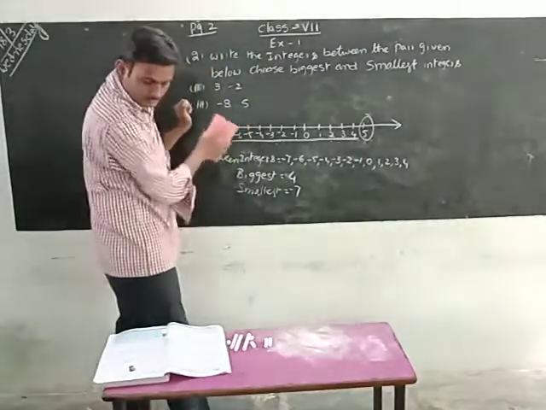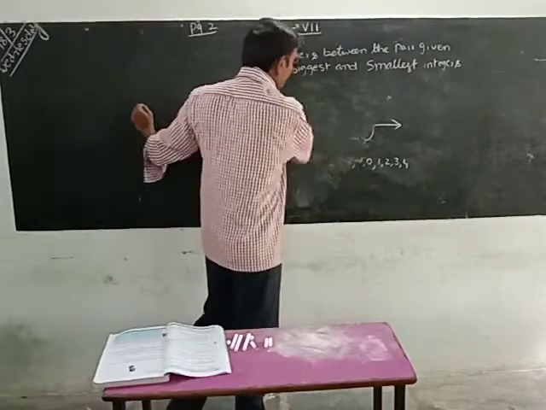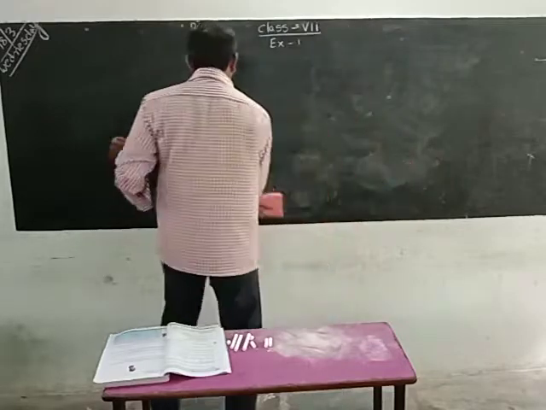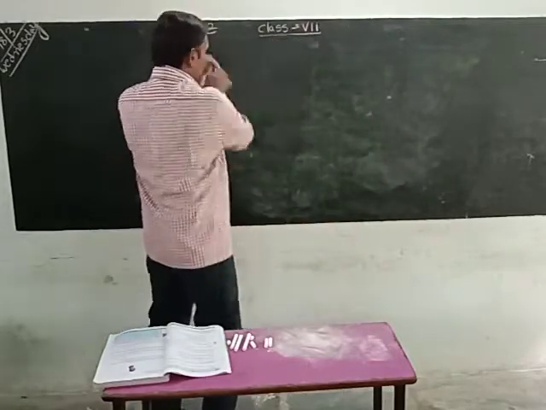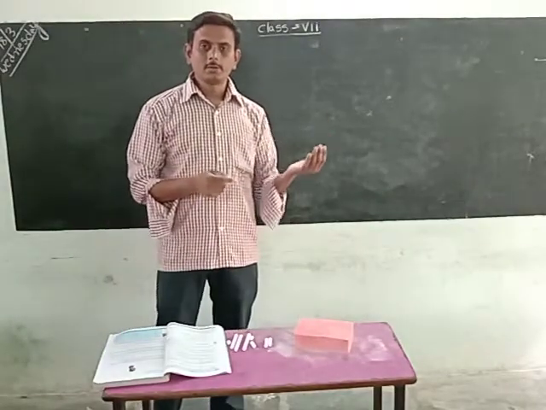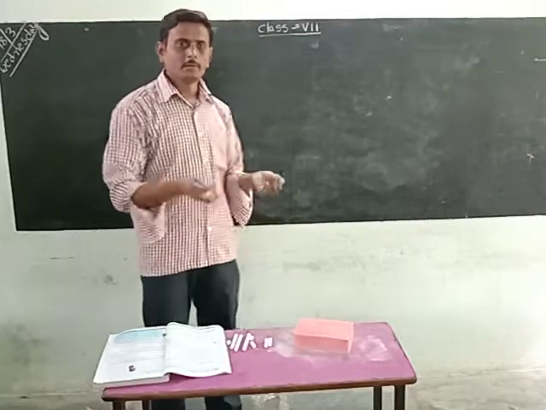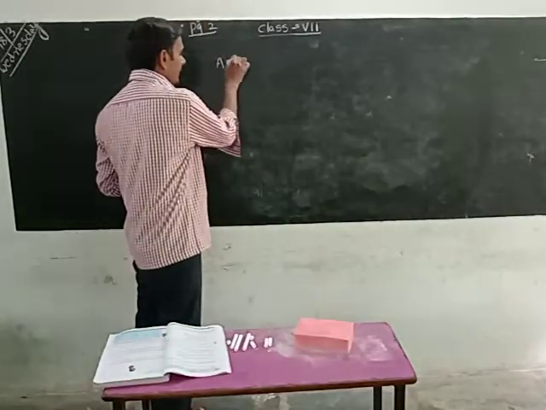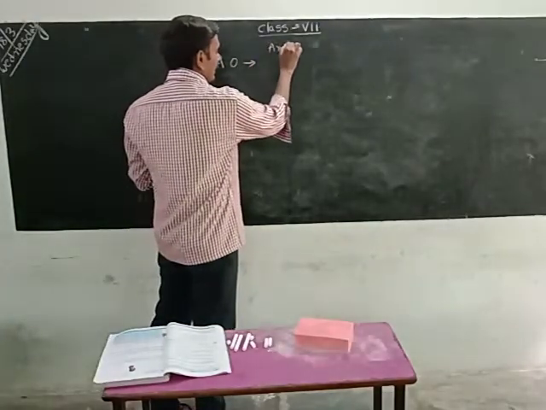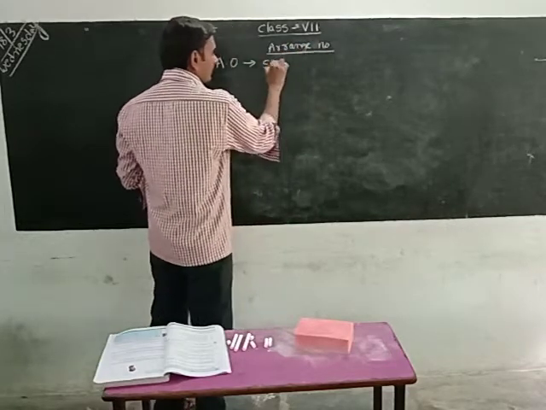Okay, so we will do the next one. Third one. Already in 6th class we learned about this concept: ascending order, descending order. Whenever positive numbers are given to you, we are familiar with arranging the numbers in ascending order and descending order. What is meant by ascending order? Short form you can write AO. Ascending order means arrange the numbers small to big.